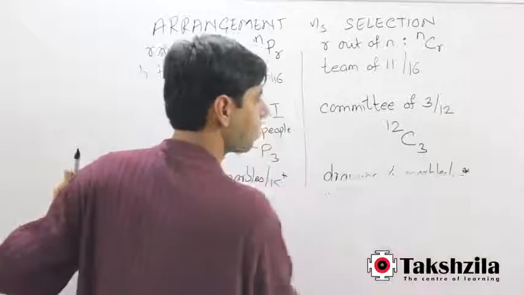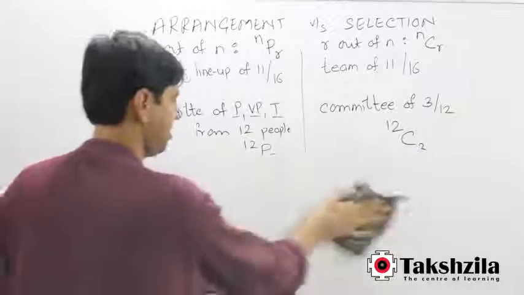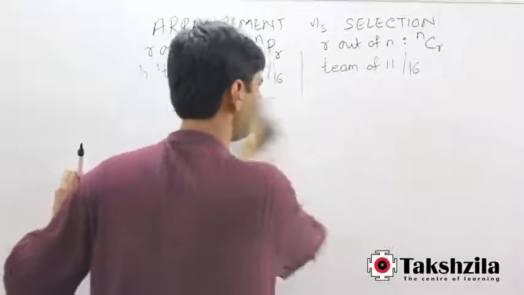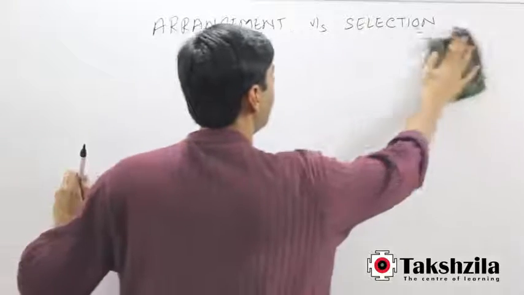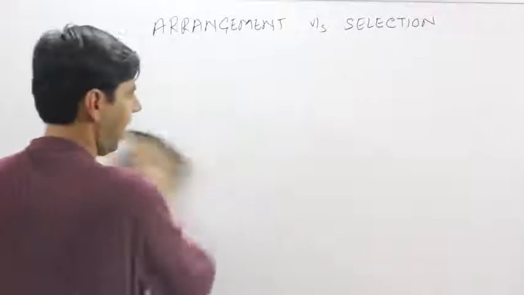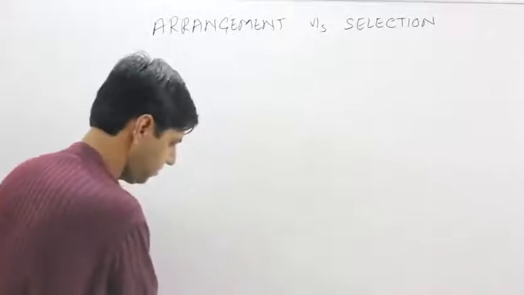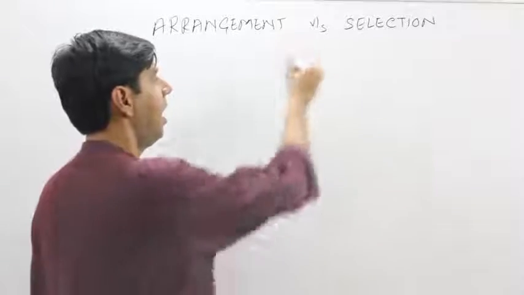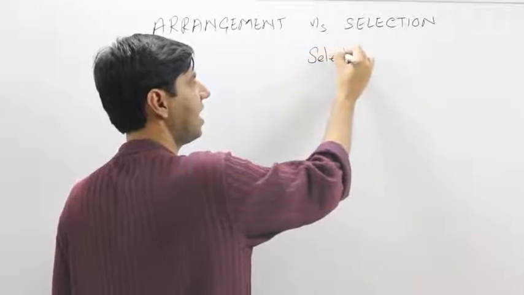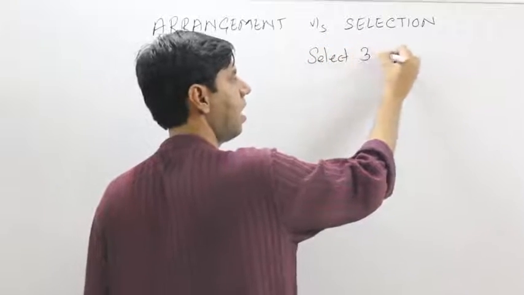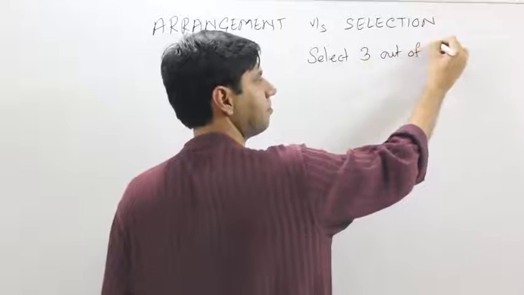Let's start with the property of selection. And the property that I'm talking about is, I want to select 3 out of 5.